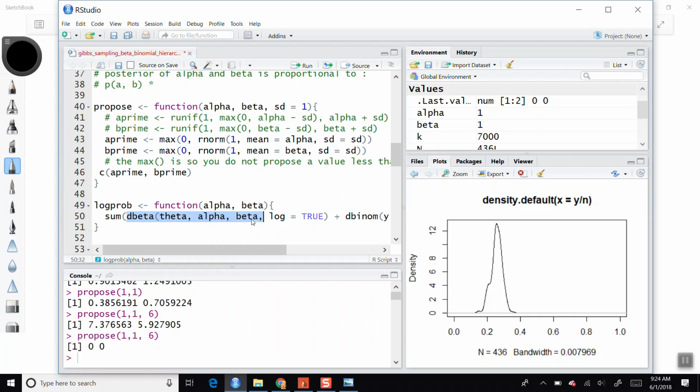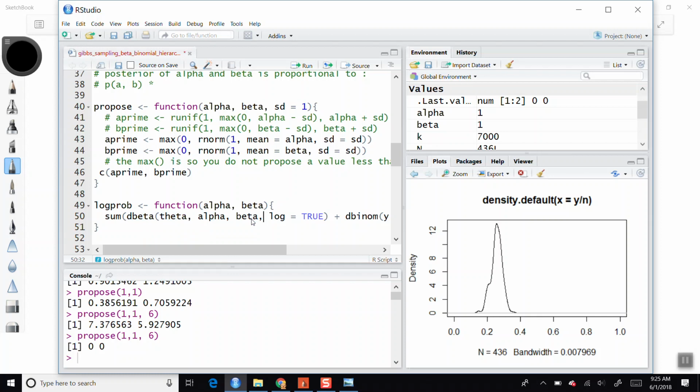Our computers, with floating point arithmetic, are not able to keep track of a number that's really, really small. It just says it's too small, I think it's 0. So to avoid that, we turn everything into logs, and then instead of dealing with a product, we now deal with a sum.